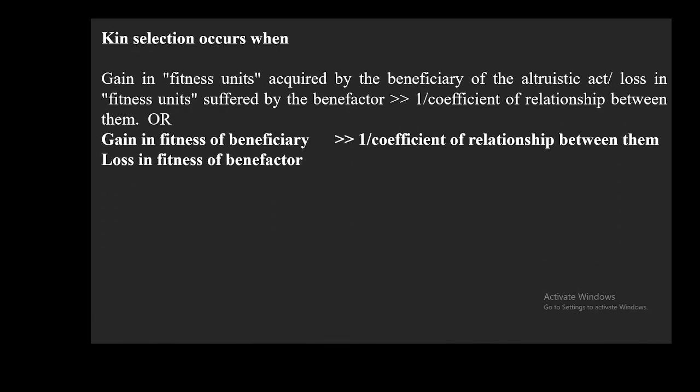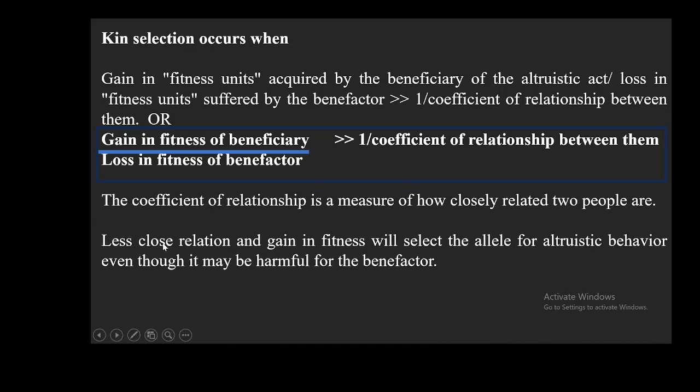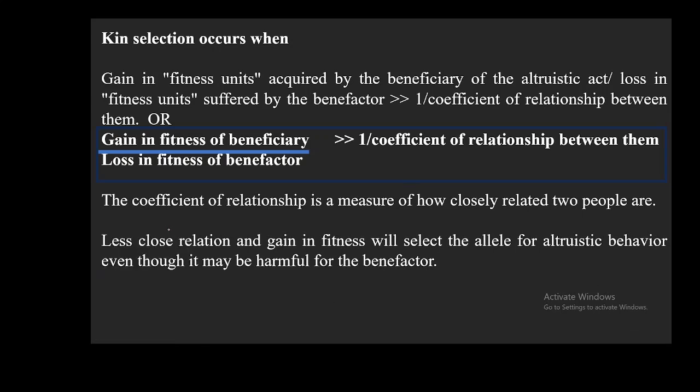Whenever the gain in fitness is high and loss in fitness is less, and it is inversely proportional to the coefficient of relationship, it means if there is a less close relationship and gain in fitness, both are high, then nature will select that particular trait in the process of kin selection.